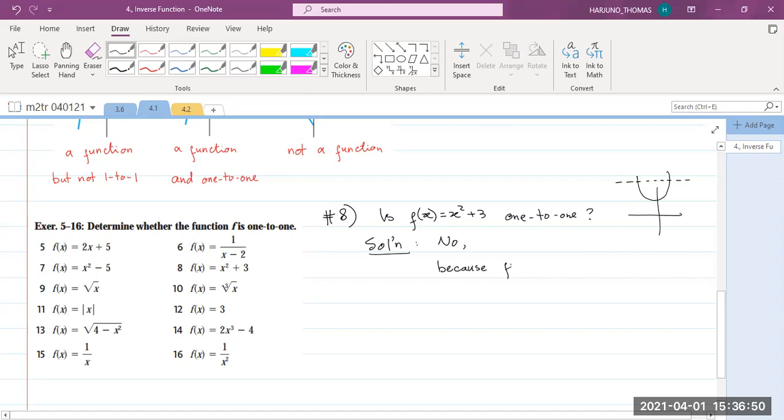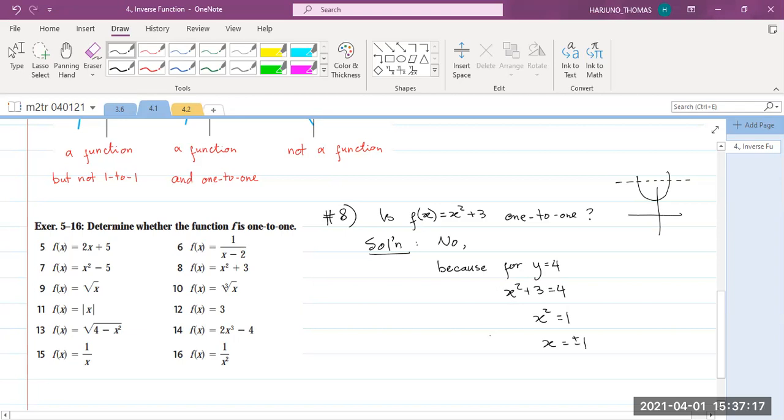For y equals 4, we get x squared plus 3 equals 4, x squared equals 1, x equals plus or minus 1.